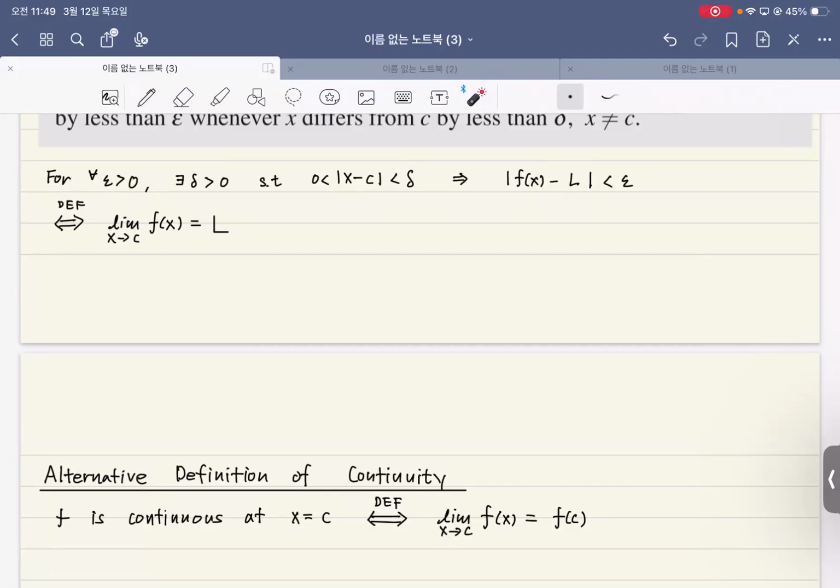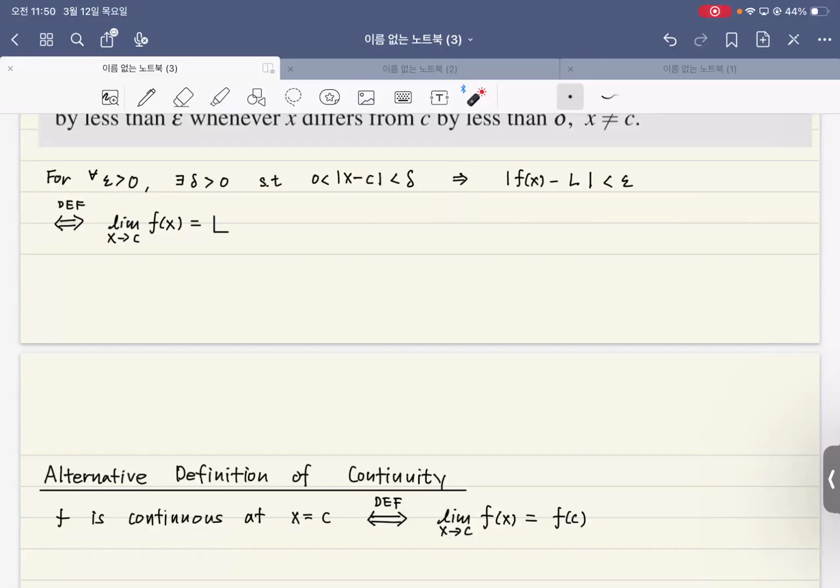Some of you might be wondering, what happens if x equals c? The definition of continuity does not involve this inequality. But actually, if this is satisfied, then for the punctured interval from c to c plus delta and c minus delta to c, this implication is satisfied.